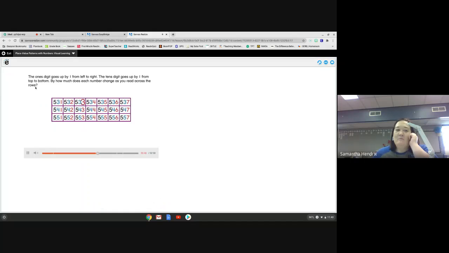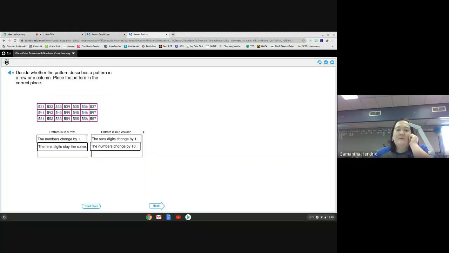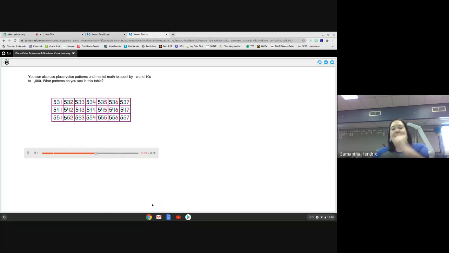The ones digit goes up by 1 from left to right. The tens digit. Did I skip my answer? Oops. The ones digit goes up by 1 from left to right. The tens digit goes up by 1 from top to bottom.